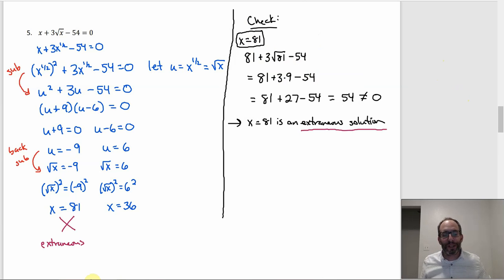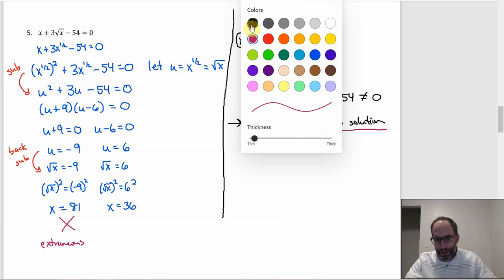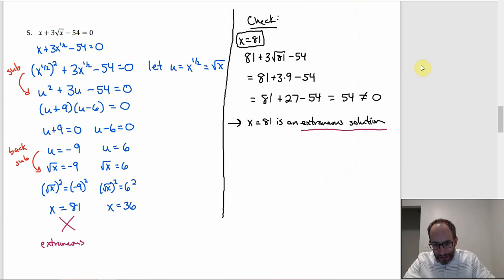It stands for extraneous. And then if we check the other one, the other one being 36. All right, so let's check the 36 and see if this one actually works. So 36 plus 3 times the square root of 36 minus 54, and that'll be 36 plus 3 times 6 minus 54.